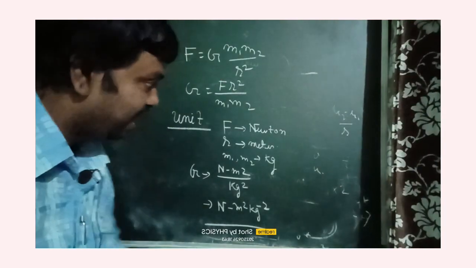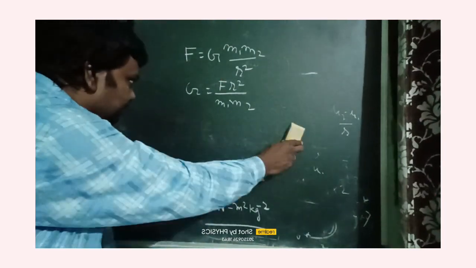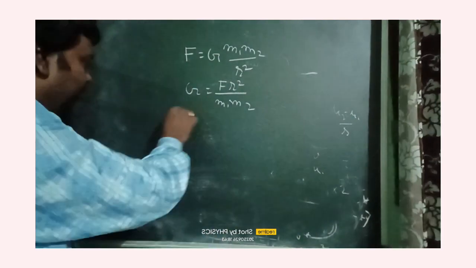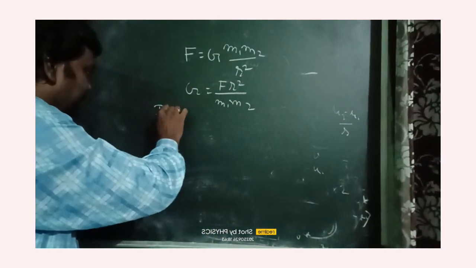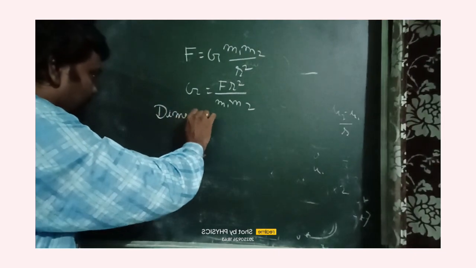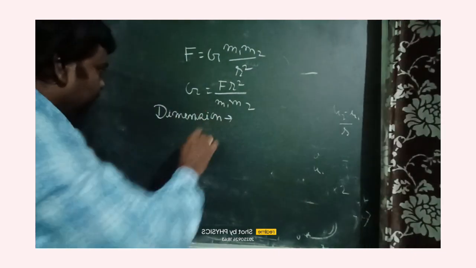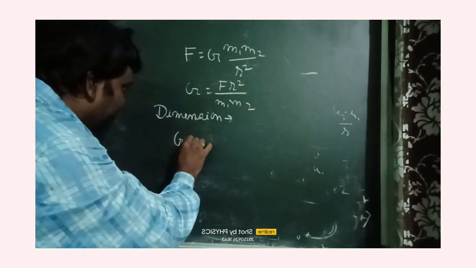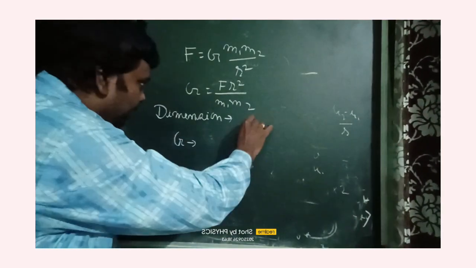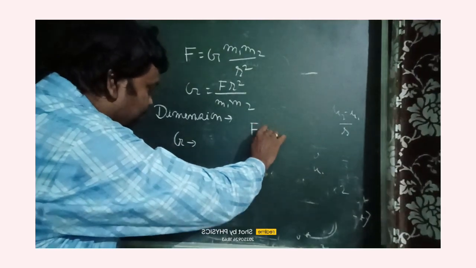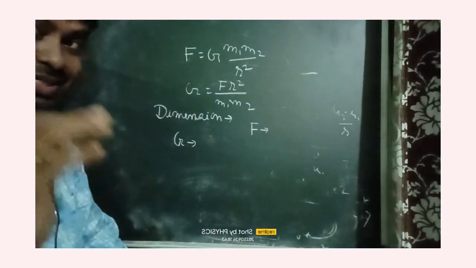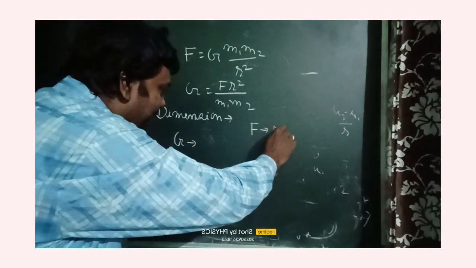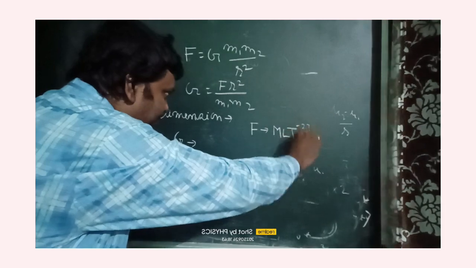Now to find the dimension of G. Here, capital F is the force, and the dimension of force is M L T to the power minus 2.